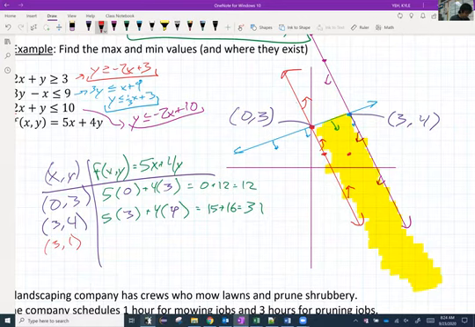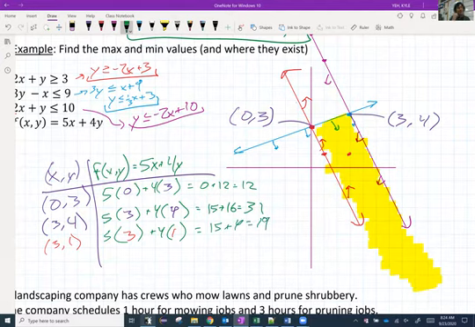But 3, 1, if I plug that into my objective function, it looks like I will get 15 plus 4, which equals 19. Okay. And then I'll do one more. I'll do maybe 5, comma, negative 2.